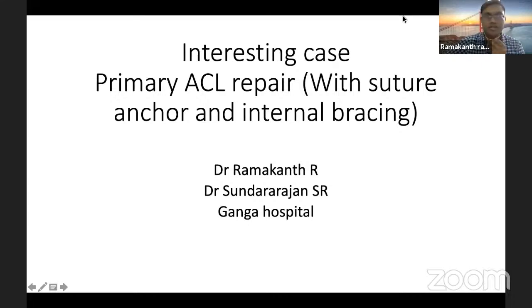Yes, sir. Good evening to everyone. I thank IAS and Sundar sir for giving me this opportunity to present this case. It is an interesting case of primary ACL repair with suture anchor and internal bracing.